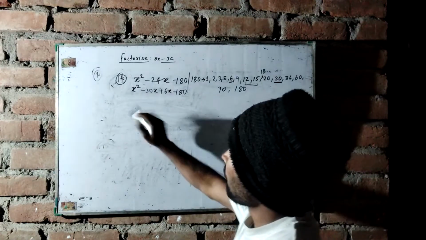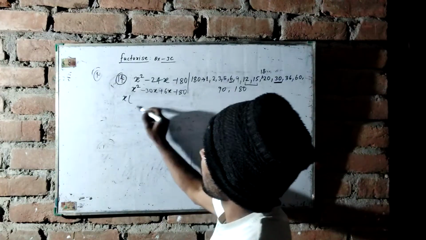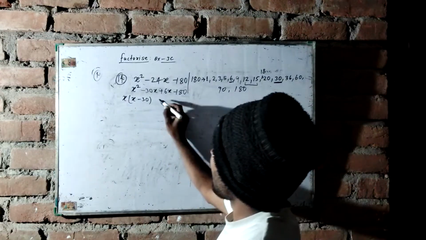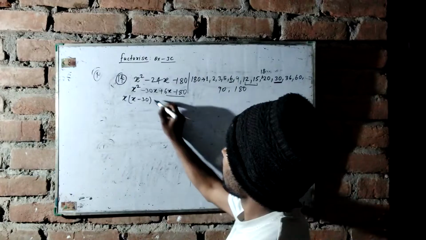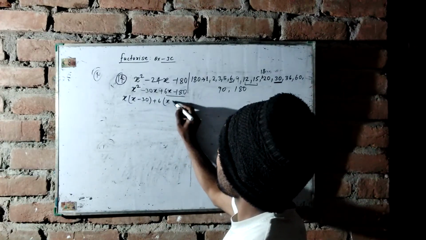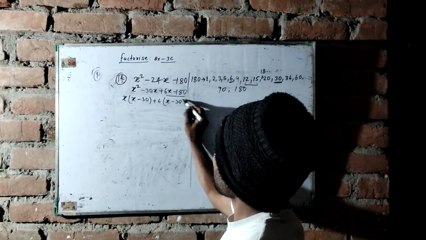So now we take x as a common and we can write x minus 30 as a multiple, and here we can take plus 6 as a common and we can write x minus 30 as a multiple.